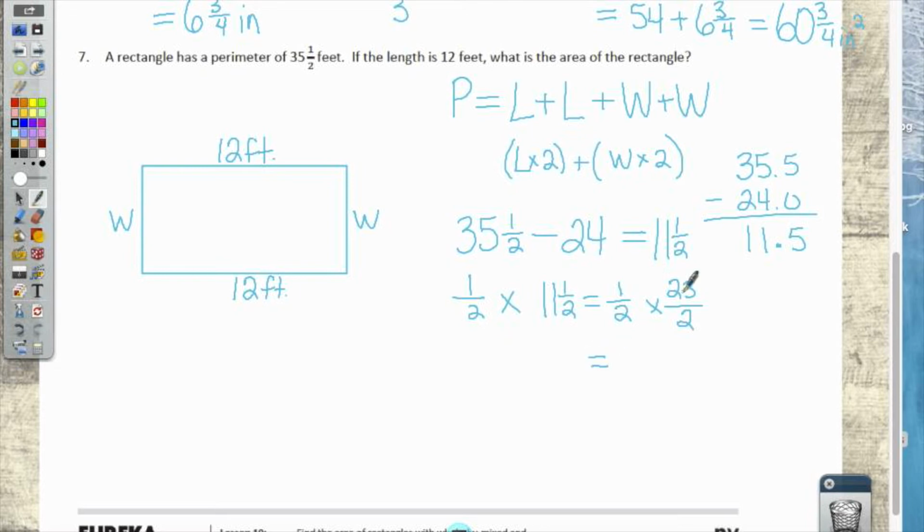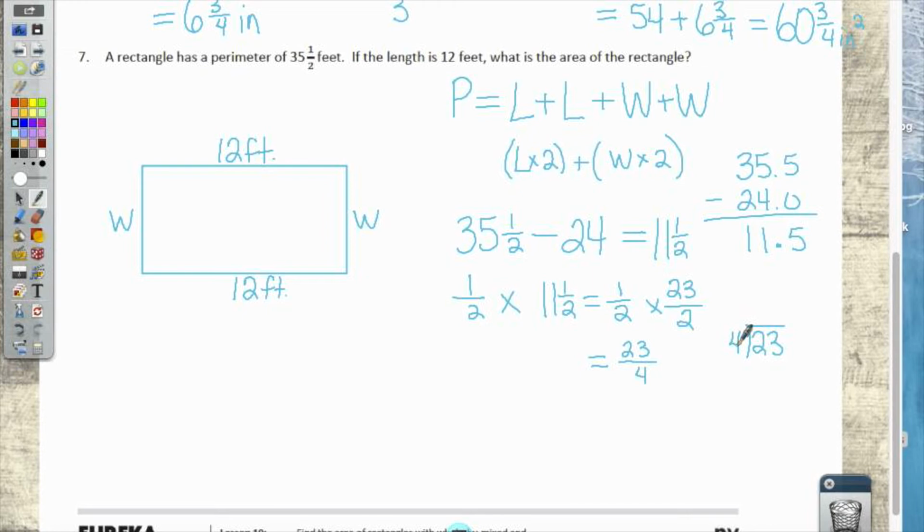What's 1 half times 23 halves? 23 halves. 23, 2 times 2? 23 fourths. Okay, so this person is Eurydia. Tell me how to figure out this as a mixed number. I divide 23 divided by 4.